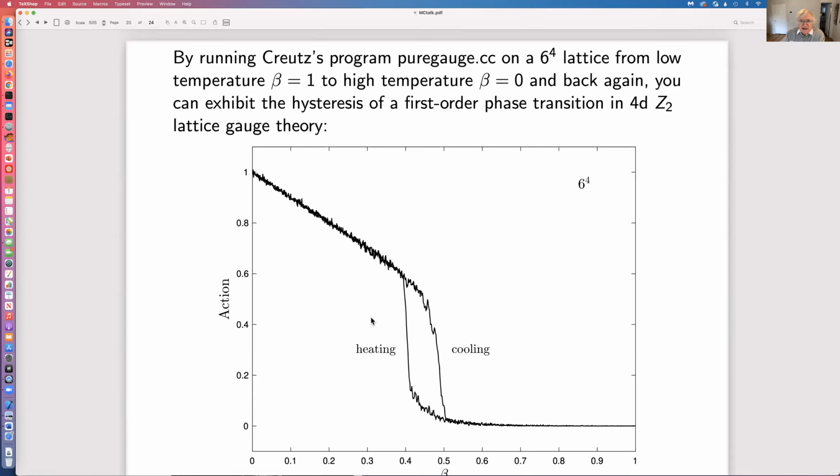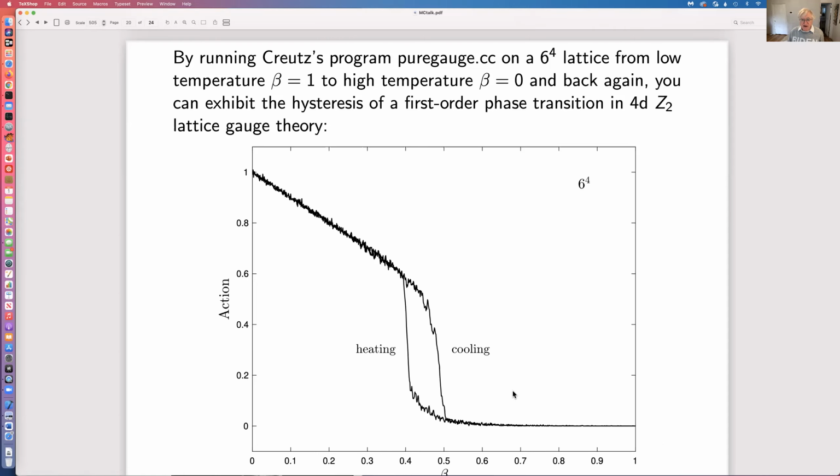One of them, probably the simplest of all the programs, is something called puregauge.cc on a 6 to the 4th lattice. So this isn't 20 to the 4th, this is 6 to the 4th. And you can run it from low temperature, beta equal to 1, to high temperature, beta equal to 0, and back again, and you can exhibit the hysteresis of a first order phase transition by measuring the action as you go from low to high to low temperature again.